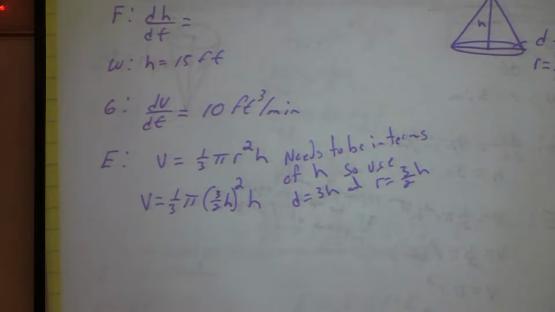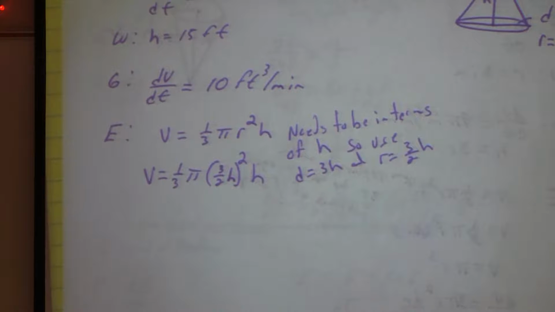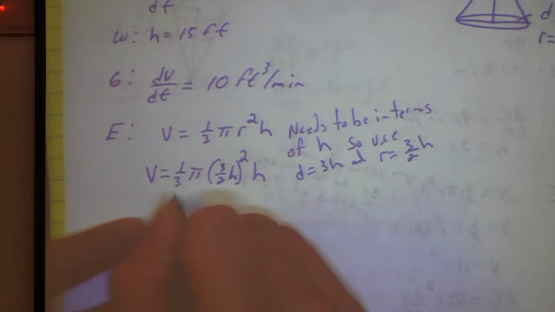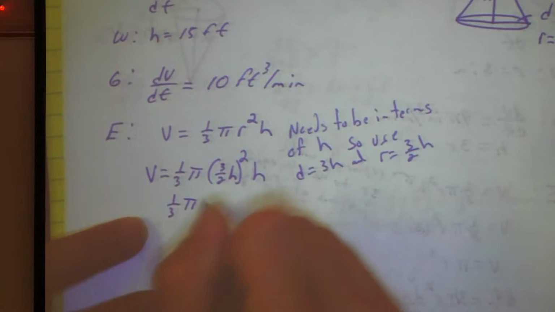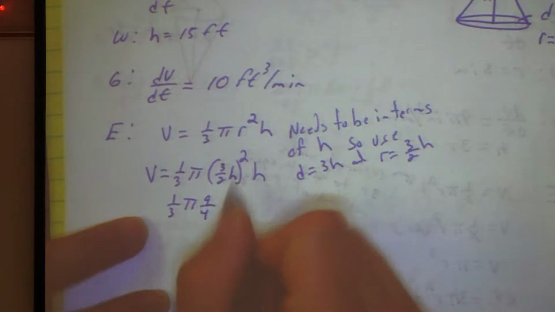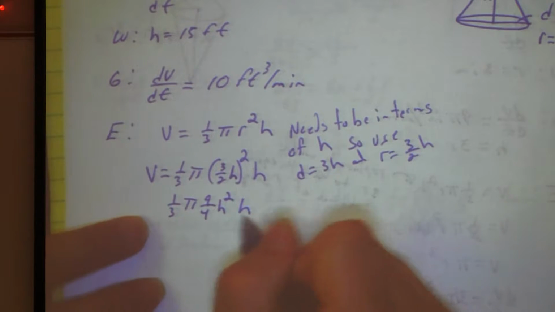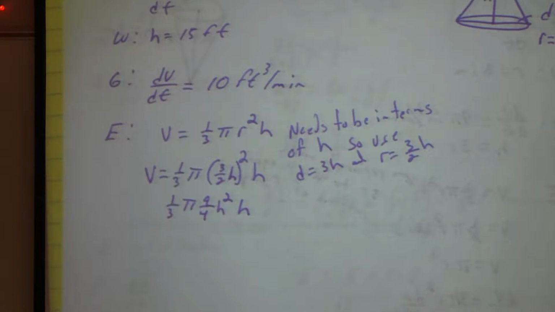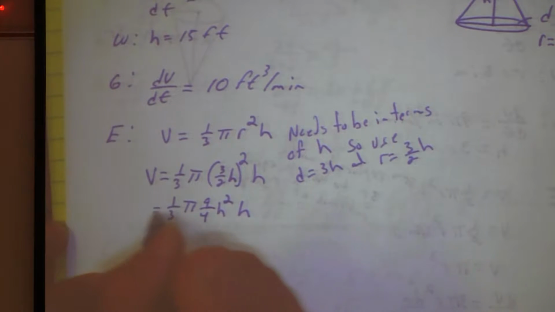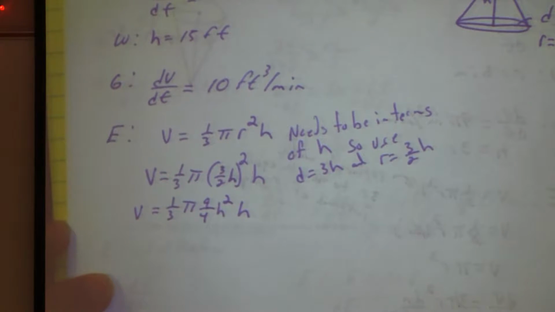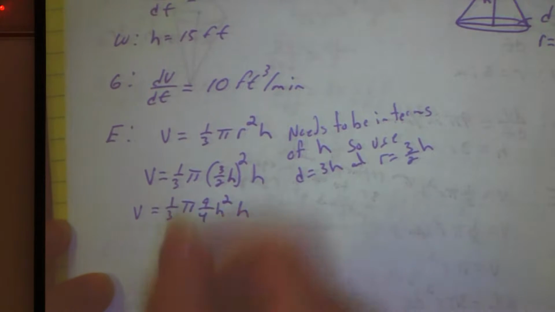What's 3 over 2 times 3 over 2? 9 over 4. So we have 1/3 pi, 9 over 4, h what? Squared times h. I'm taking it step by step for you. Now we could multiply 9 over 4 and 1/3, or we could reduce, right?